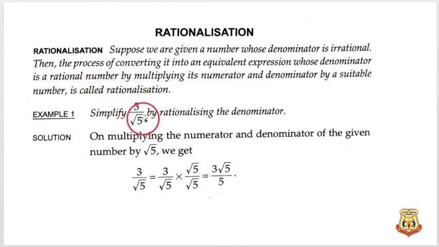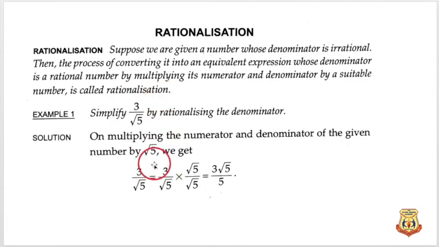Now I have to do something with this, so that this denominator, that means root 5, I'll make a rational number, because root 5 is an irrational number. How? By multiplying its numerator and denominator by a suitable number is called rationalization.